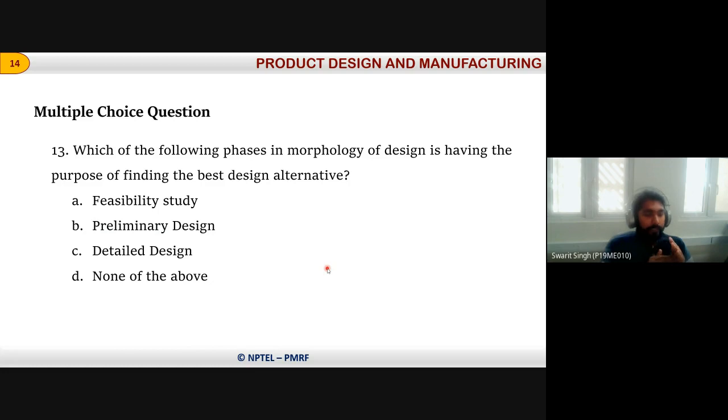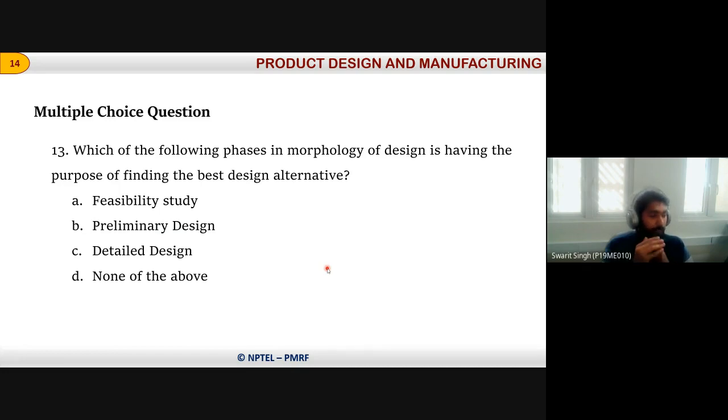If there is anything not satisfying for the design, we change it, and we get the best alternative for that particular design. So the finding of the best alternative design for a product is done in the primary design stage.